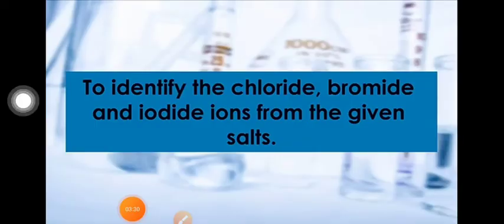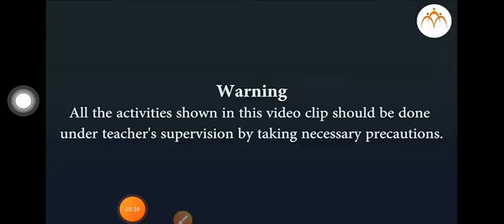You have to write this experiment, this practical number 1, in your notebook. The title of the practical is to identify the chloride, bromide and iodide ions from the given salts. Warning: all the activities shown in this video clip should be done under teacher's supervision by taking necessary precautions.